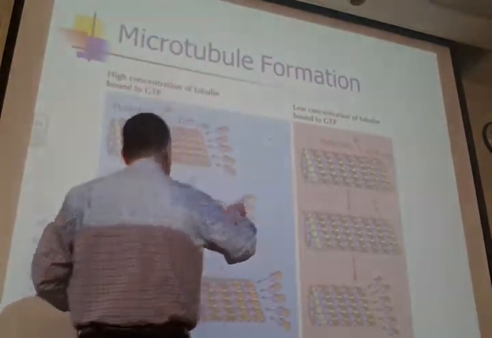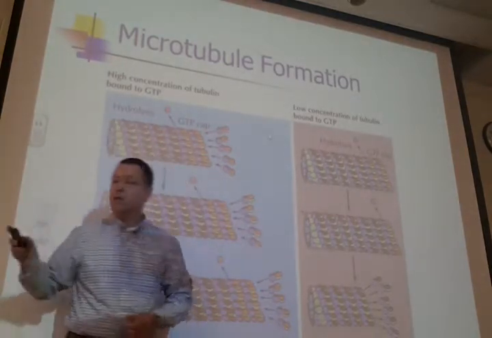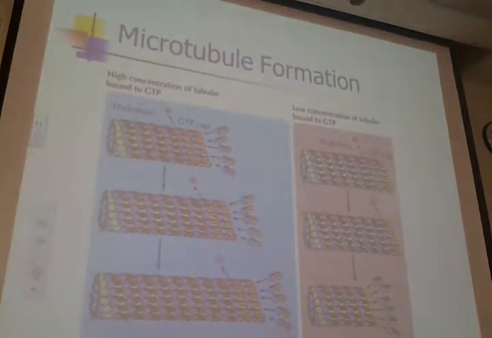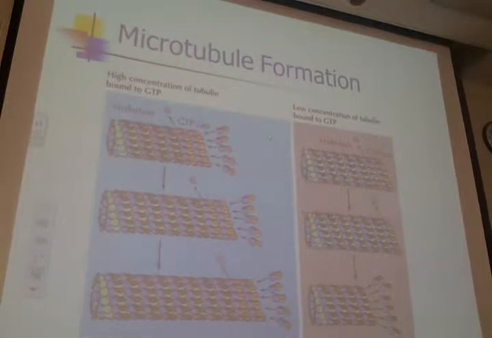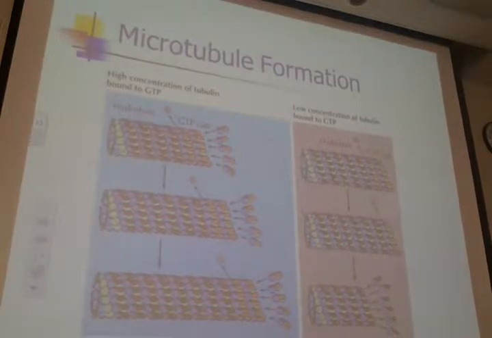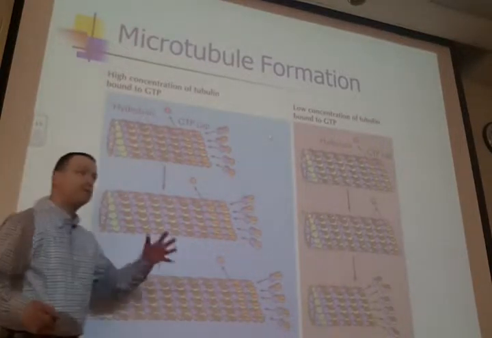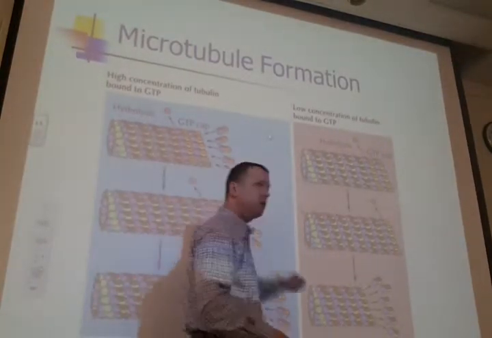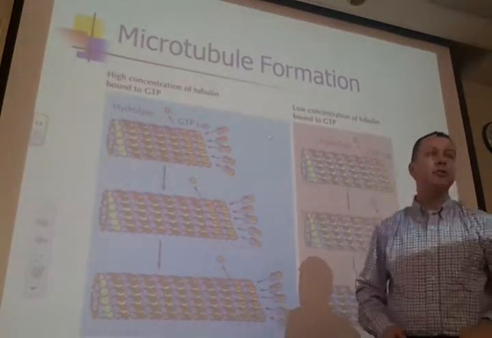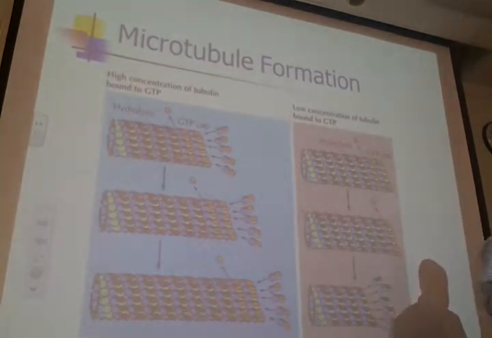To the beta subunit of each dimer is attached GTP. So adding each dimer to the microtubule is going to eventually cost you a GTP, an energy molecule.